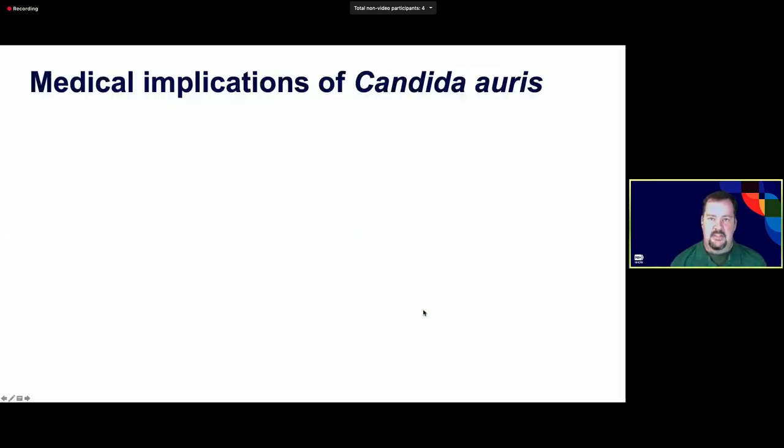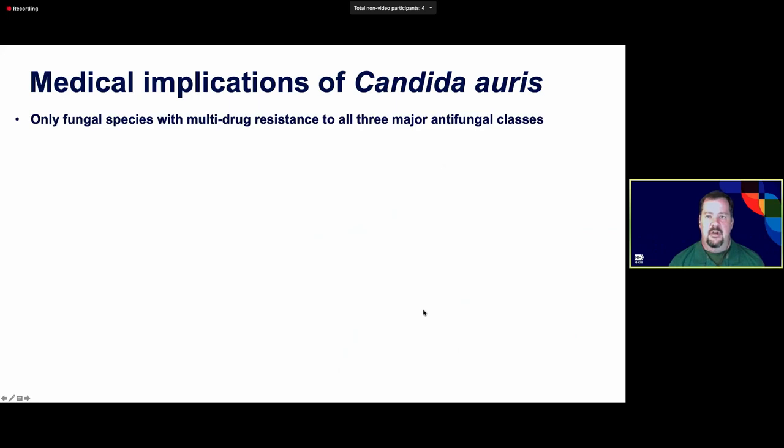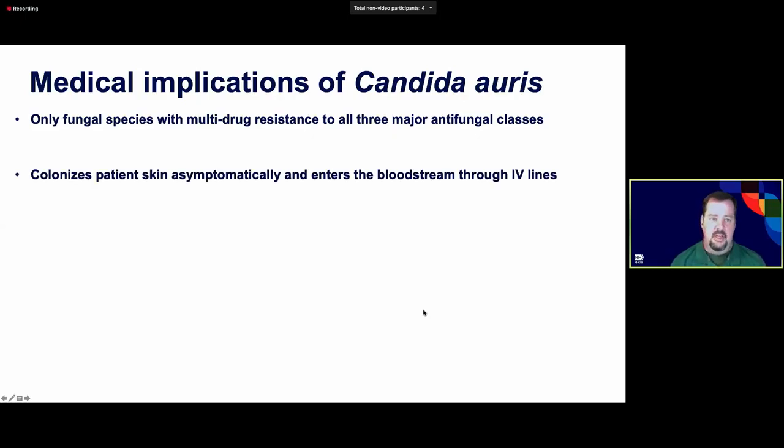And the reason for that is that Candida auris has some really worrying properties. There are strains of Candida auris that are resistant to all three major antifungal drugs, so they're very hard to treat. They can colonize skin asymptomatically, but then they can also enter the bloodstream and cause disease.